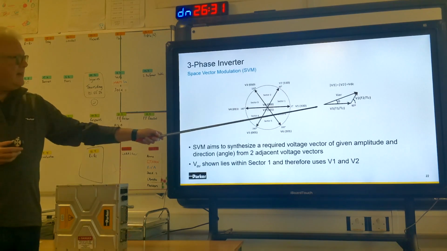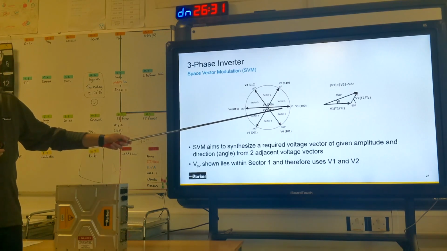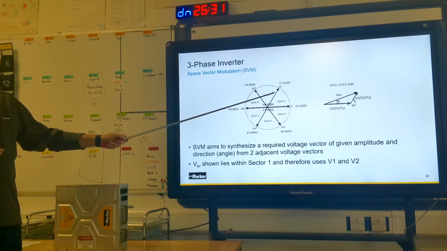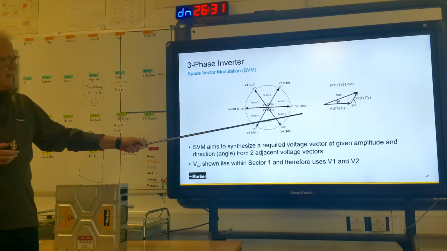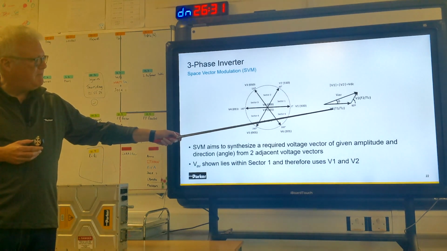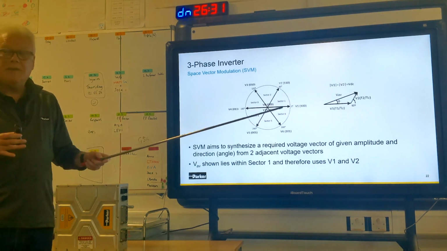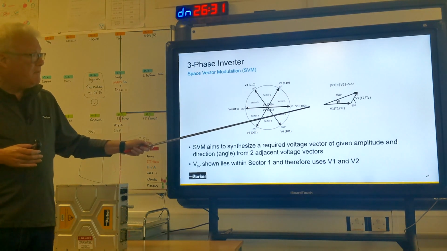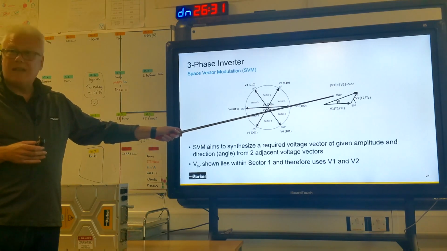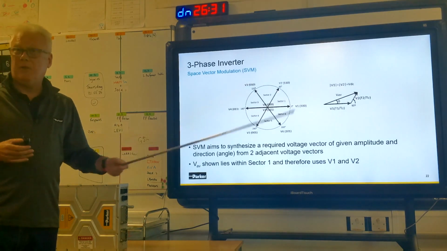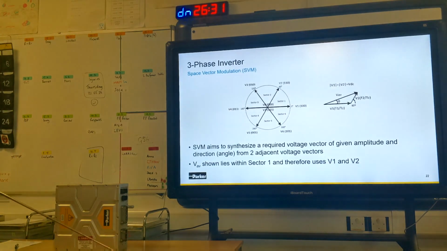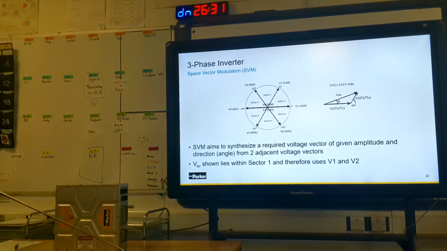I'm going to apply V1 for a little bit of time, and then I'm going to apply V2 for a different amount of time. And if I scale these voltage vectors by the amount of time I'm actually switching them over a certain period of time, I will end up synthesizing this average voltage vector. It's a pretty cool idea. And it works very well.